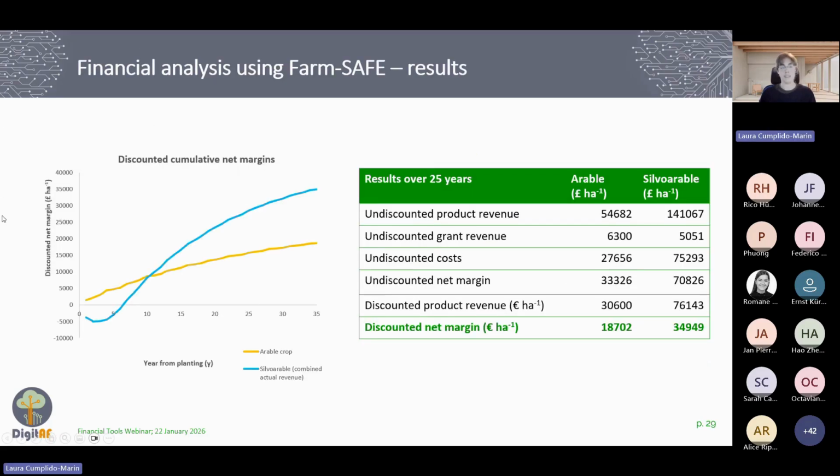And this is a sneak peek of one of the graphs that I showed you earlier, specifically showing the discounted net margins in pounds per hectare. And as you can observe, the value at the end of the simulation period of the discounted net margins is almost, not quite, but almost double for the silvo arable system compared to the arable system.